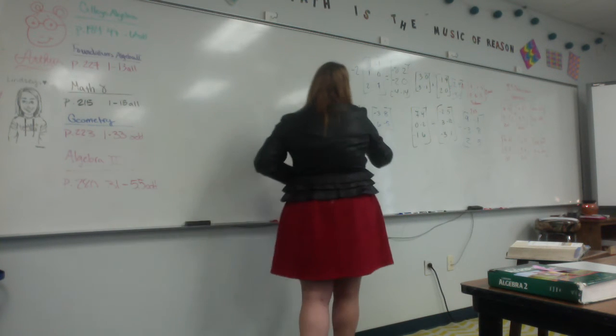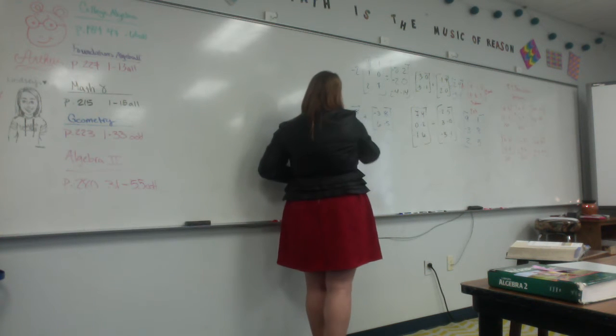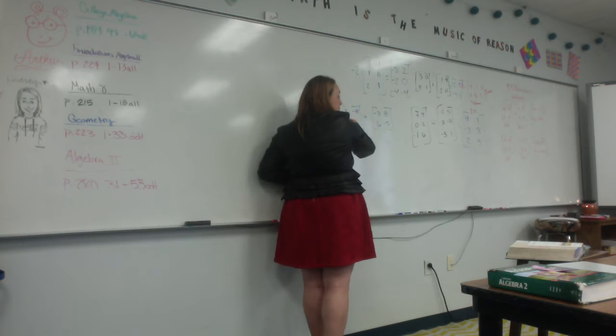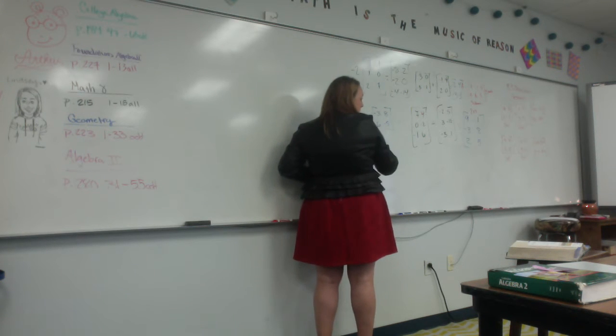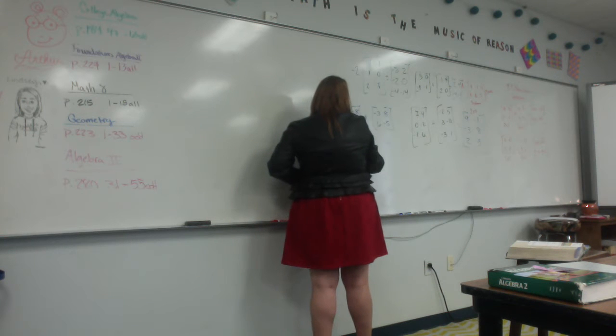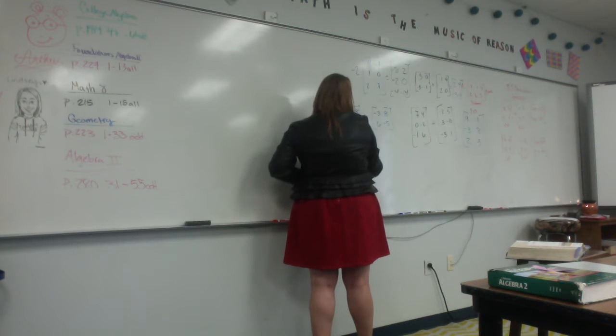Now look, here they did multiple steps. Here's my advice to you: always multiply first, order of operations, then add the new matrix to this matrix. So let's change this one first. What does this one change to? Negative 8.